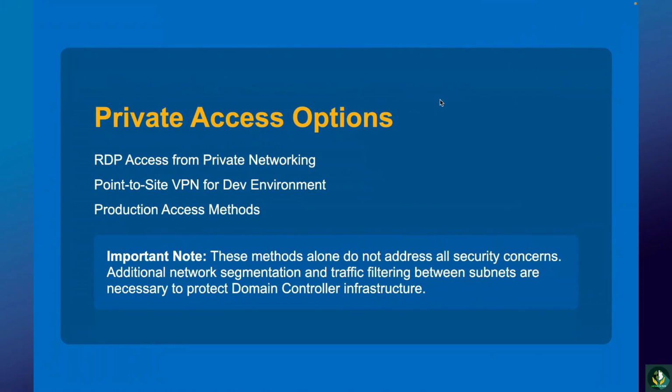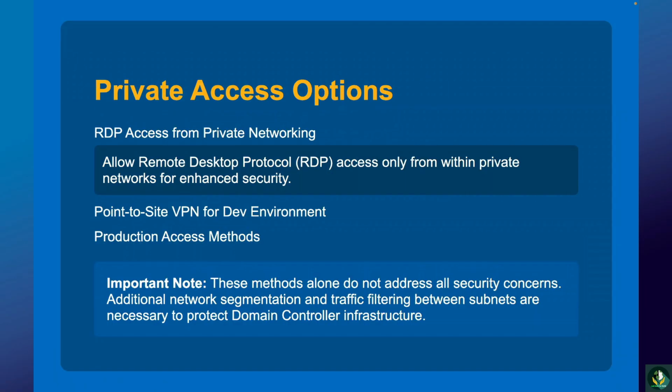Now, there are several options for how you can secure the connection to your virtual machine. And the first option is private access. Azure offers implementing private access in both development and production environments.